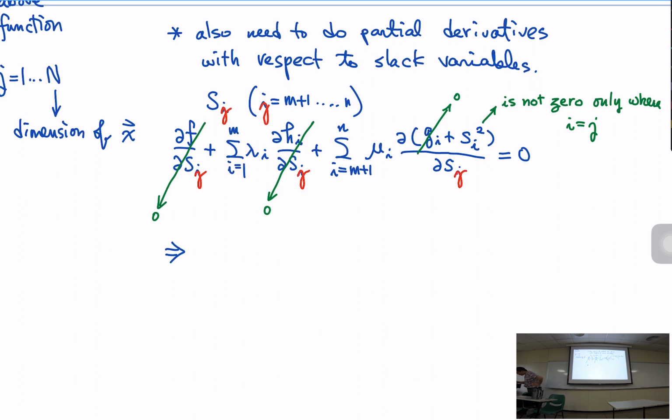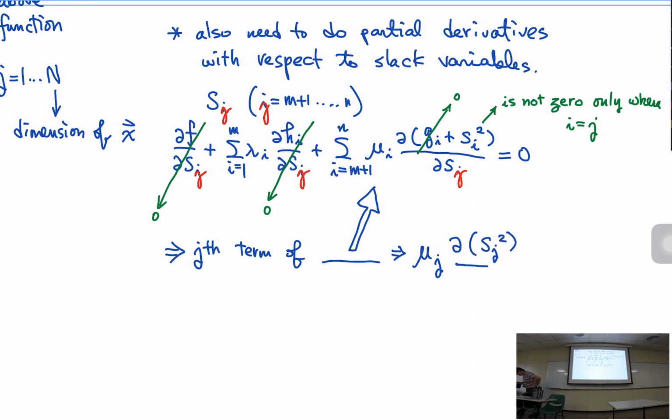Let's take a look at the jth term of this entire summation. Basically, this is the jth one only. The rest of them are 0.